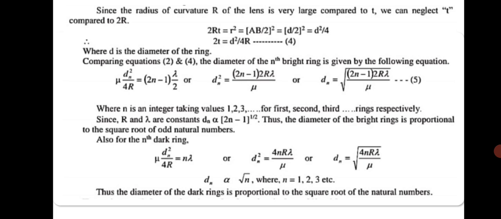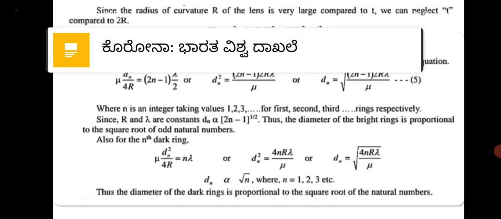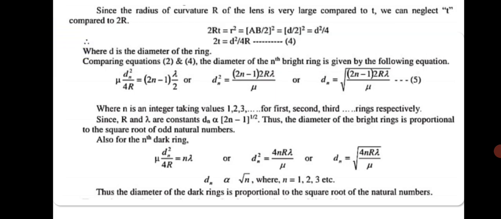Since R and lambda are constants, dn is proportional to (2n - 1) to the power of half. Thus, the diameter of the bright rings is proportional to the square root of the odd natural numbers.